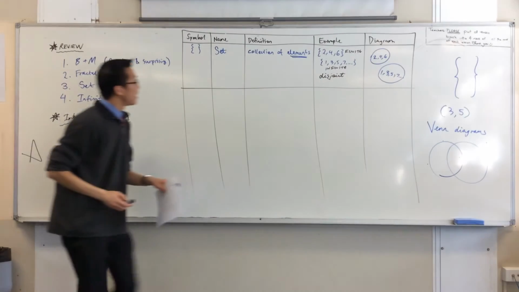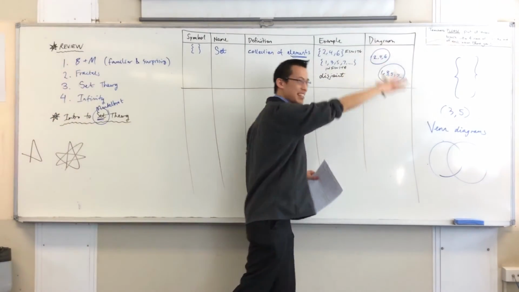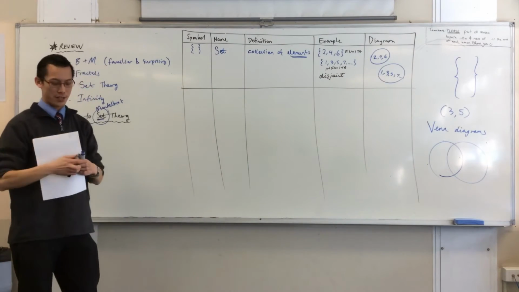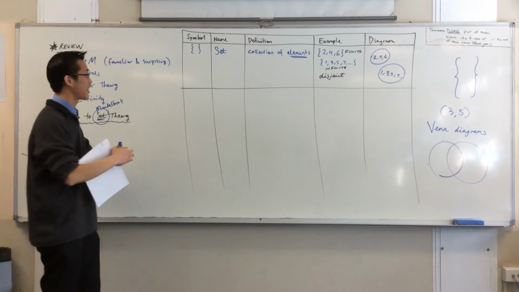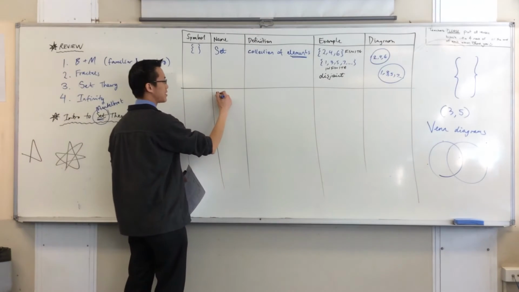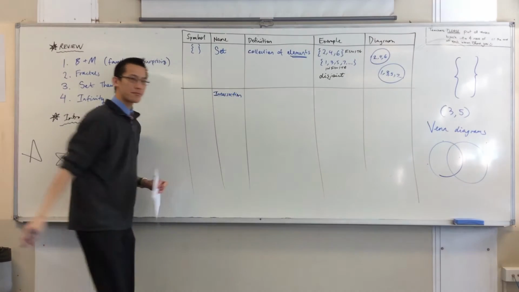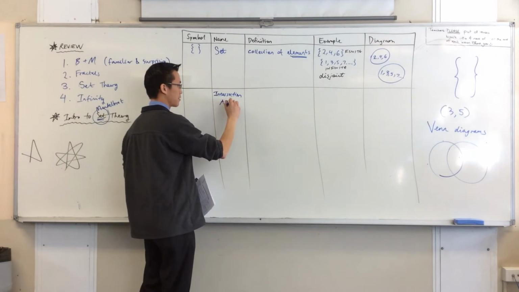Now, where it starts to get interesting is, as I said, when you've got more than one set together and they relate in some way. So here's our first important way to connect sets together, which is intersection. There's a keyword for this, which is and.